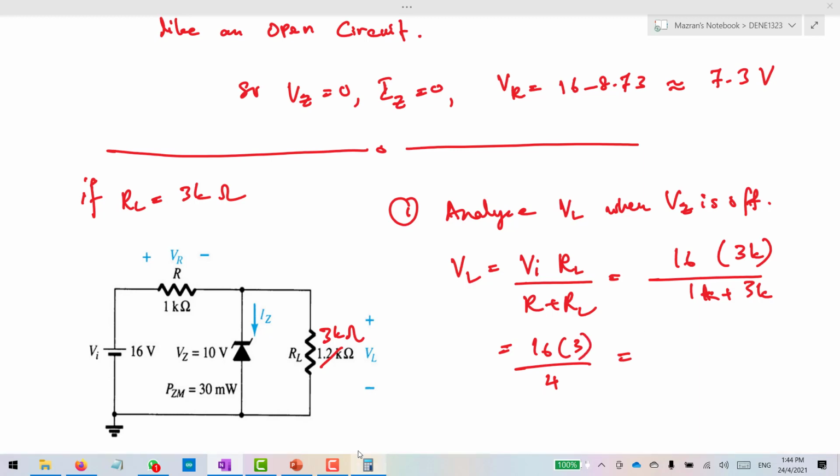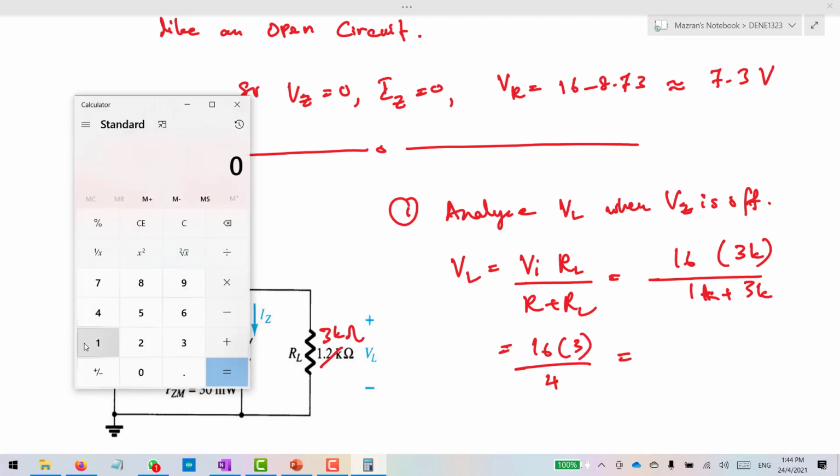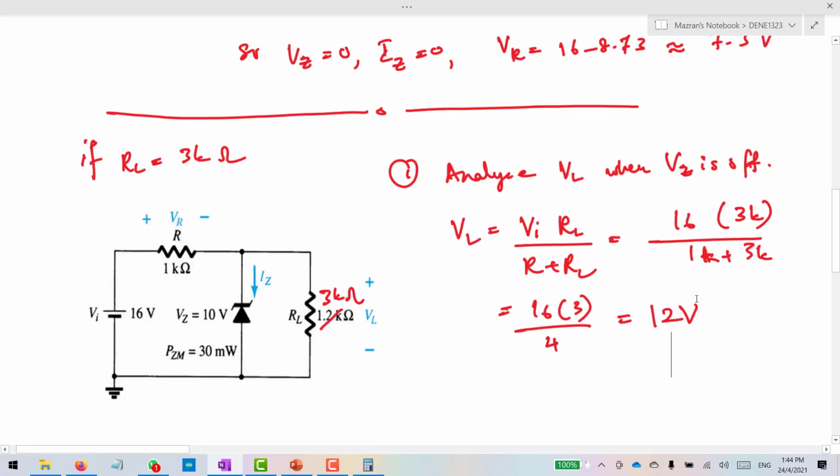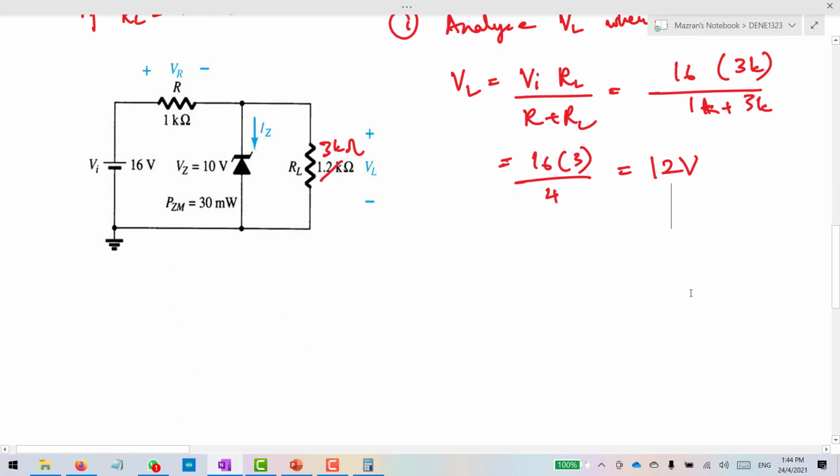So it's the calculator. 16 times 3 divided by 4, we get 12 volts. So 12 volt. So does the Zener is on? Yes. The Zener diode conducts. So here, Vz equals to 10 volt.